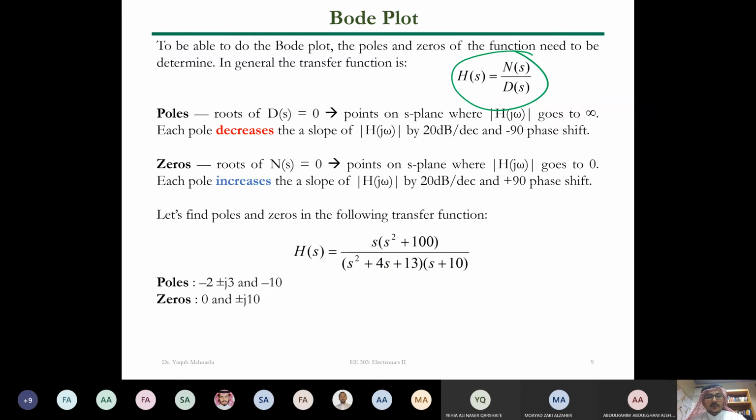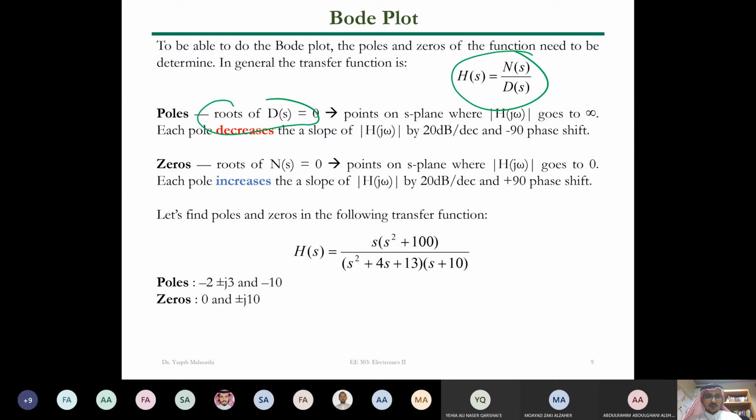Anyway, in the transfer function here we can define the poles and the zeros of the system. The poles are the roots of D(s), the denominator, where D(s) equals 0. In other words, the voltage goes to infinity at the pole.